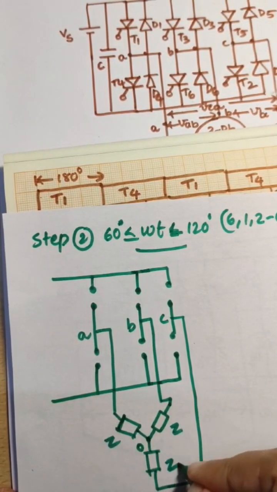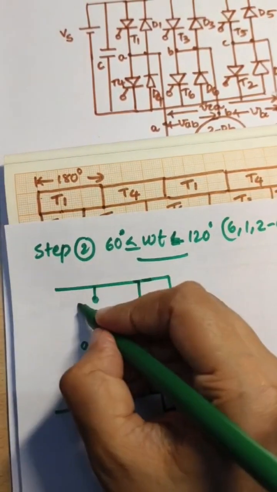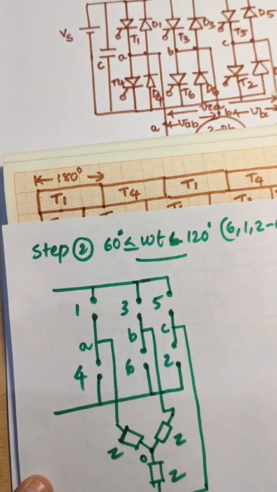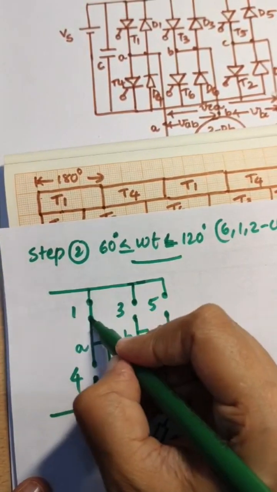Impedance Z. 1, 3, 5, 4, 6, 2. The switches closed are 6, 1 and 2.